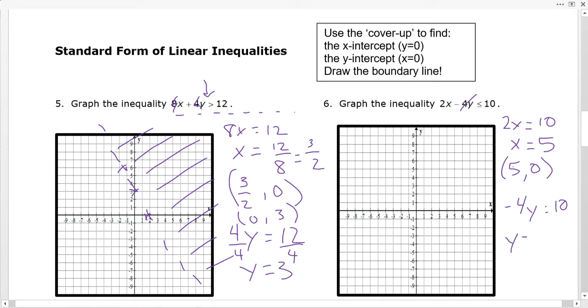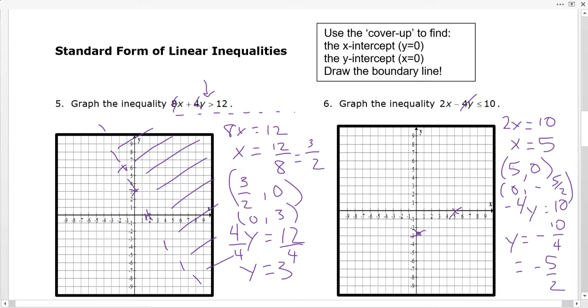So my y value is going to be negative 10 over 4, which is negative 5 over 2. So that's like 2.5. 0, negative 5 over 2. So 5, 0 is right here. And 0, negative 2.5 is like right here.